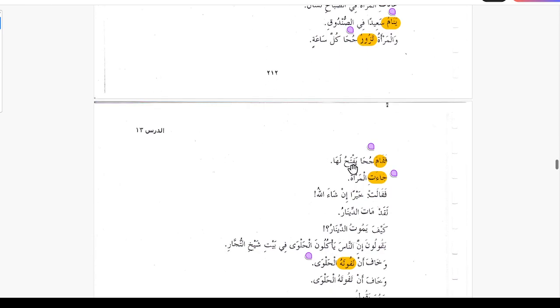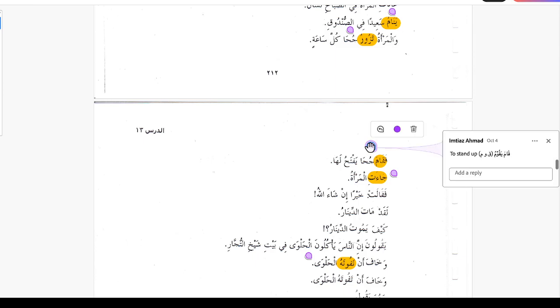Fakama juha yaftahu laha. So Juha stood up and then he opens for her. So the verb is kama yakumu, and again the root letters are kaf, waw and meem. Kawima is actually kawima, but written like kama, and in the present form we can see that waw.